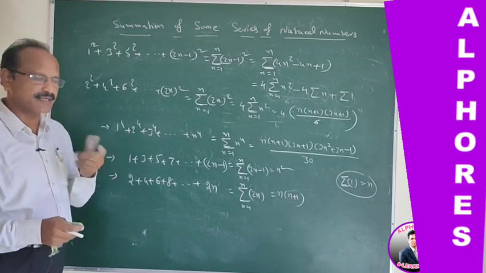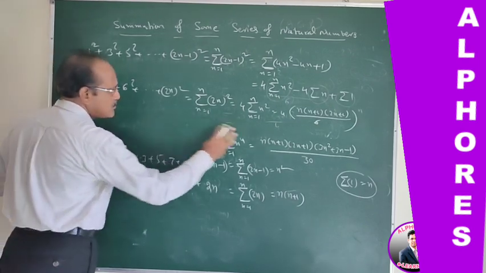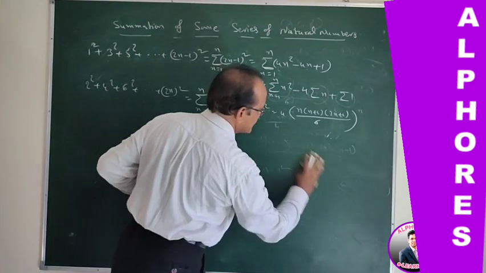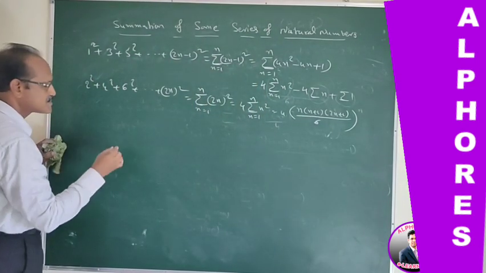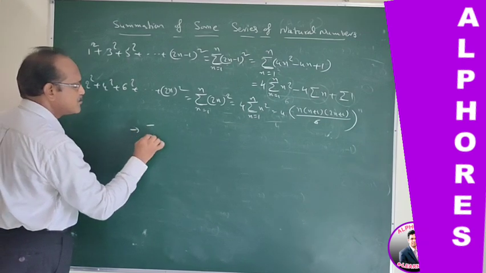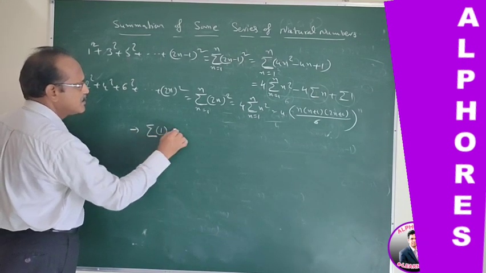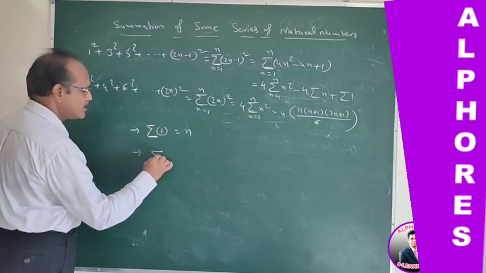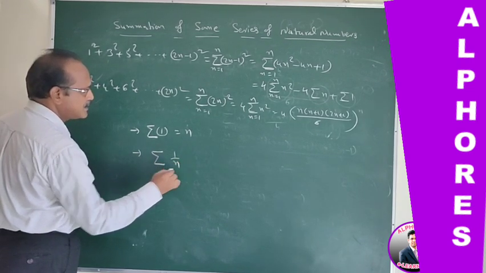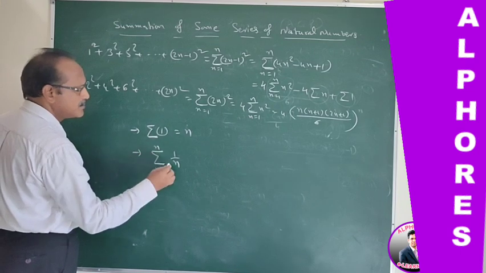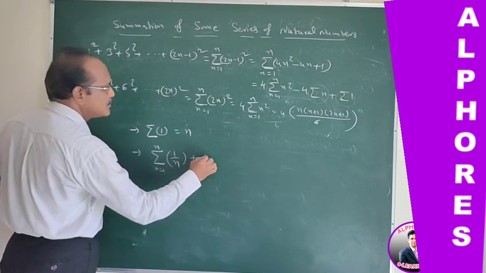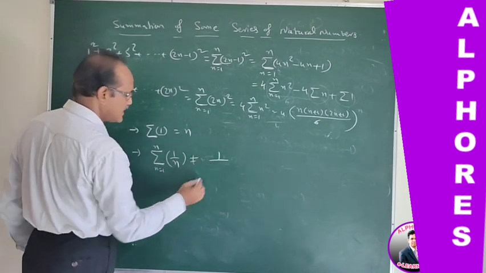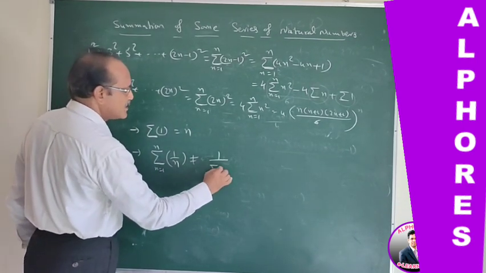Now I will give you some information about sigma notation, that is, the properties of sigma. First one, sigma 1 is n. Sigma of 1 by n, where n is equal to 1 to n, is not equal to 1 by sigma of n.